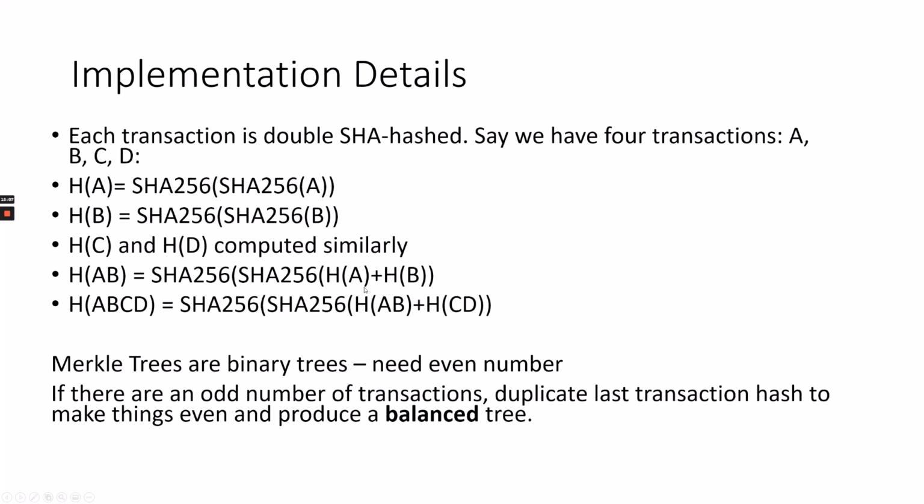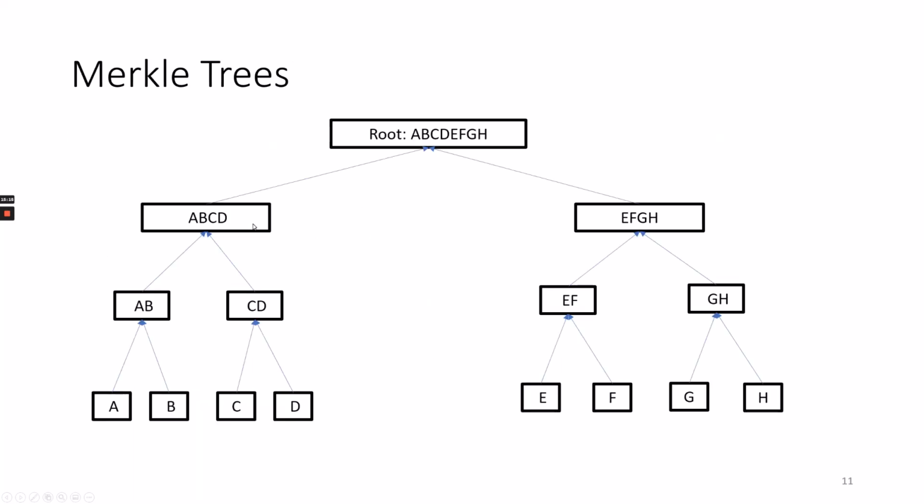We then double hash that concatenation, and we get hash AB. We do the same thing for the rest of the tree. We double hash C, double hash D, then take the concatenation of these individual double hashes and double hash that to get CD. In this way, we build up the tree, and go up to ABCD, and then finally to the root.